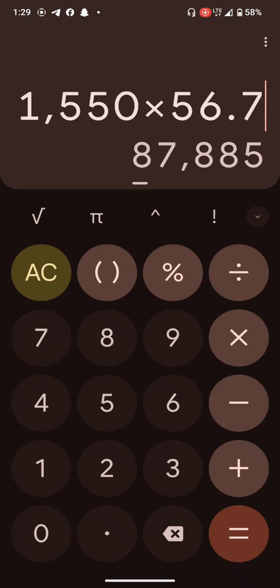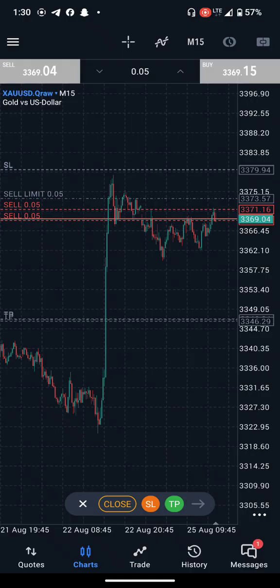Maybe it's just the dollar difference, the dollar rate. That's just the reason why you are seeing a bit of difference in the figure. So that's just how to calculate your pips. If you can convert it in naira, if you want to do it in dollar, the same thing.